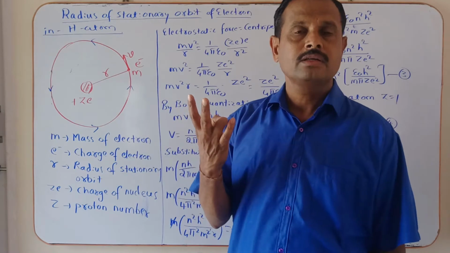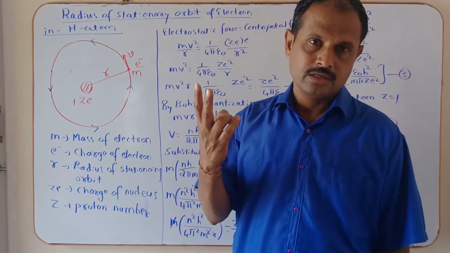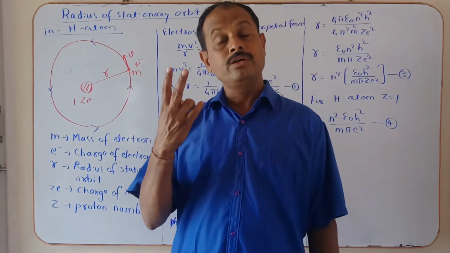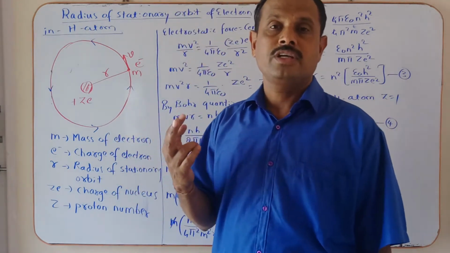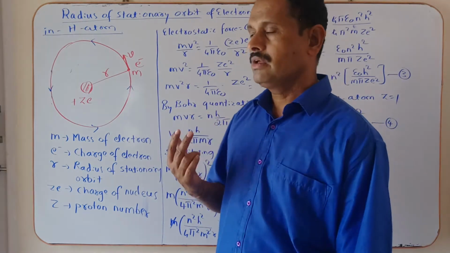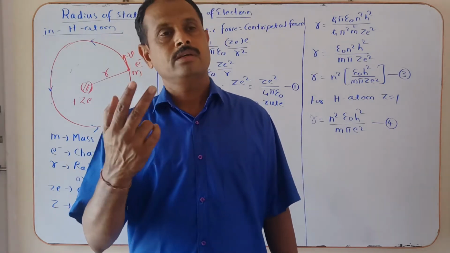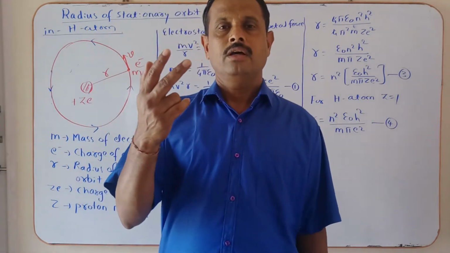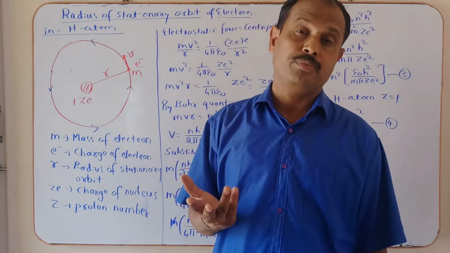The first one: electrons are revolving around the nucleus in orbits. They have a definite state of energy. These orbits are called stationary orbits. Second, when an electron moves around the nucleus in an orbit, its angular momentum is equal to an integral multiple of h upon 2 pi.